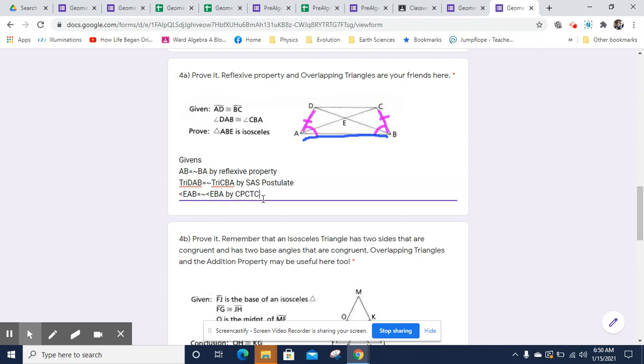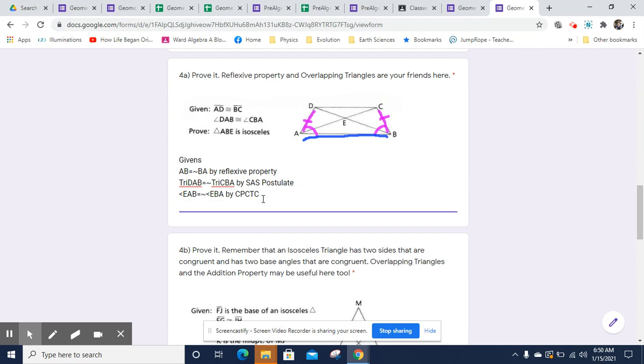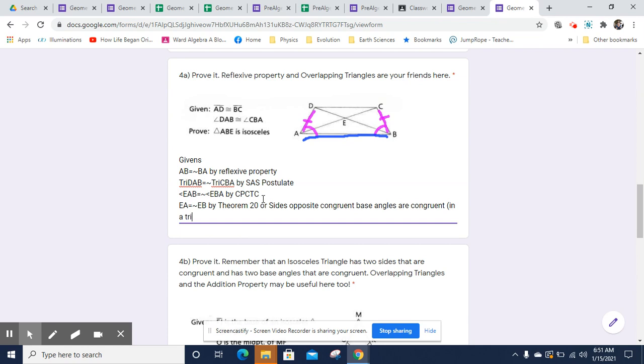Once I've proven that, I can say that EA is congruent to EB by theorem 20, which says that sides opposite congruent base angles are congruent, in a triangle, of course.